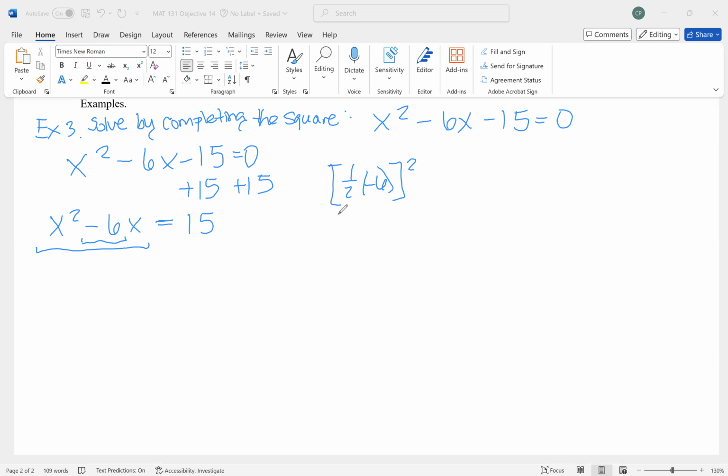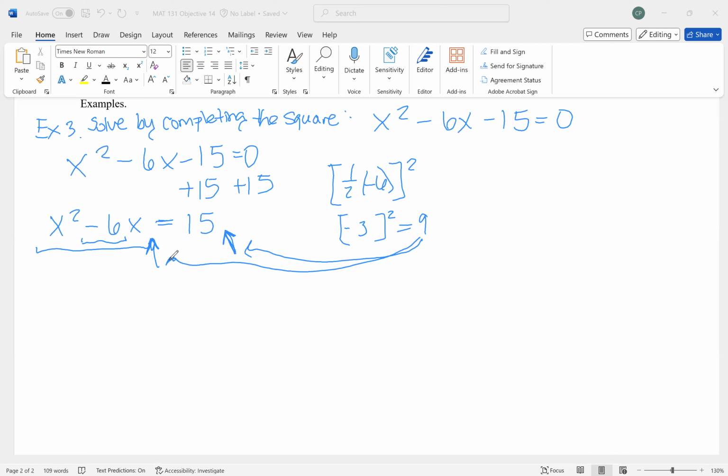Of course, 1/2 times -6 is -3, and -3 squared is going to be 9, okay? So what do we do with this 9? Okay. Now, we know it's going to go here. Okay. But it's also going to go here. This 9 is going to go in these two places.